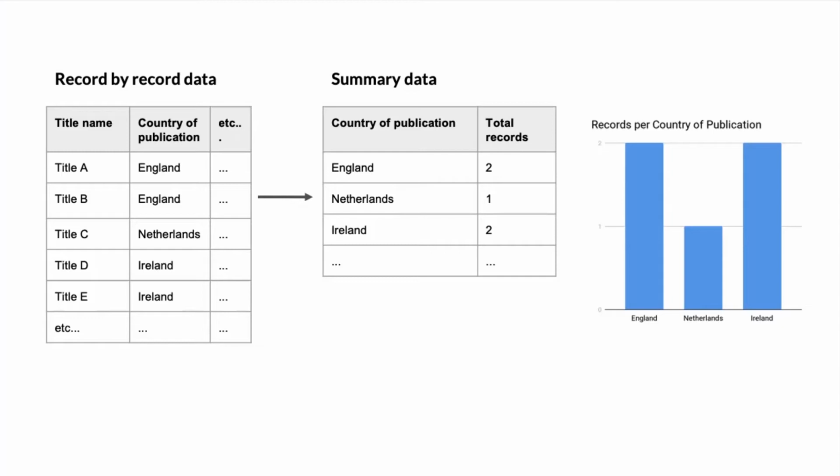So in this example, getting the total number of records for each country of publication. And there are various different tools you can use to do this. You can do it in pivot tables in Excel. You can do it in OpenRefine. You can do it using programming languages. And we're going to talk about tools later on in the presentation, but this is a fundamental step that you need to be able to do.